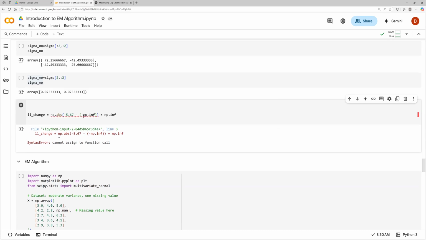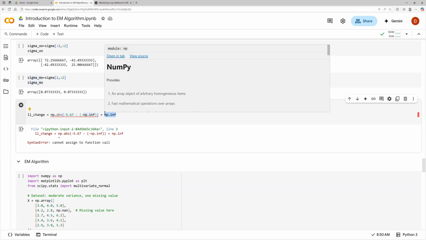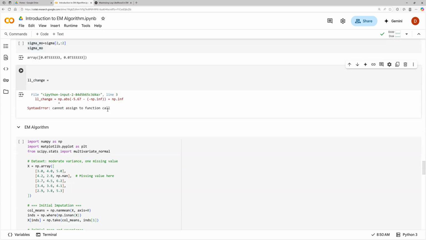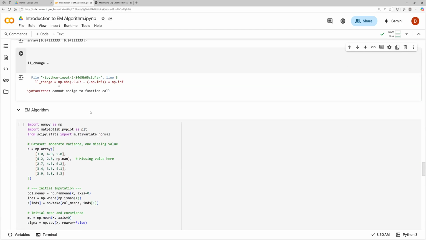For those that are familiar with for loops and initializing variables in optimizations and whatnot, that's what we're going to have to do. And this will basically track it, okay? This LL change. So these are some of the major ideas that you're going to have to know in order to understand now the full completed idea of the EM algorithm.